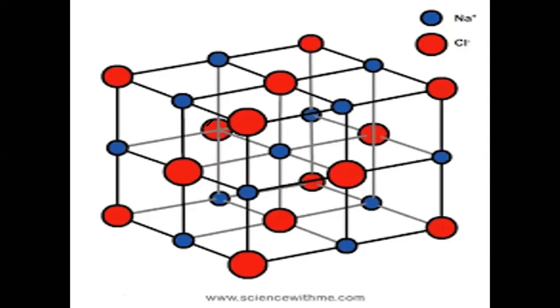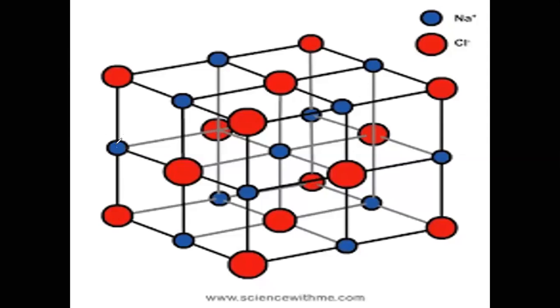So NaCl is a crystal. If we represent the Na as the blue one and the Cl as the red one, you can see the connection here.